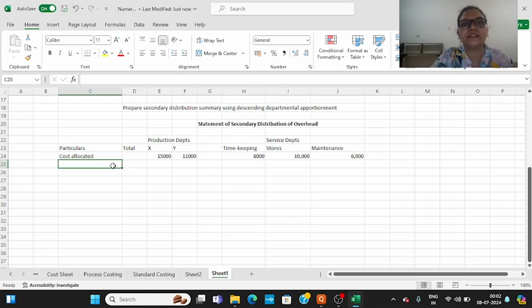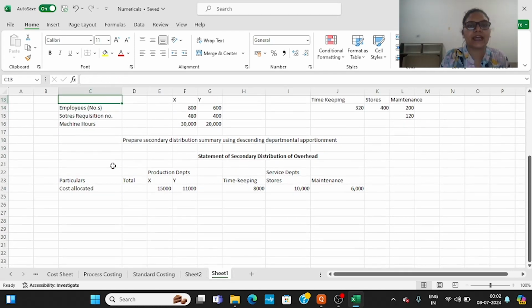In this method, the service cost centers are ranked in order of the magnitude of overhead to be reapportioned, or on the basis of the number of service cost centers to whom services have been rendered by the particular service cost center.